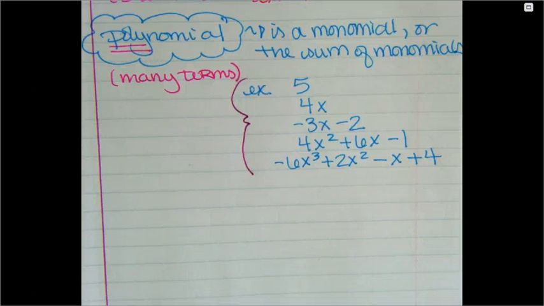What else? 5 is a monomial, so is a 4x. Okay, they have exponents. Good. What else?